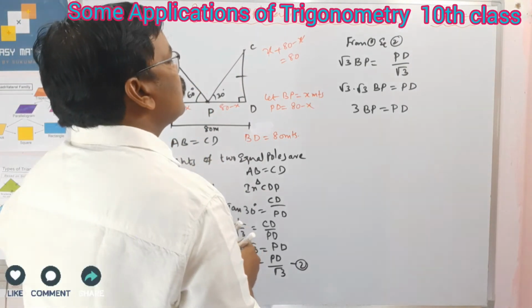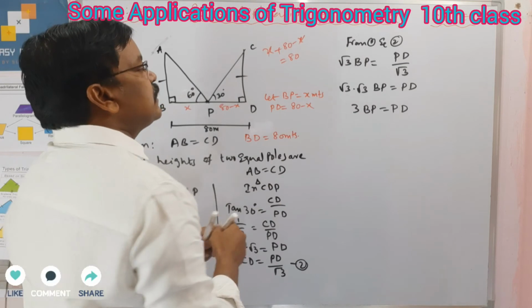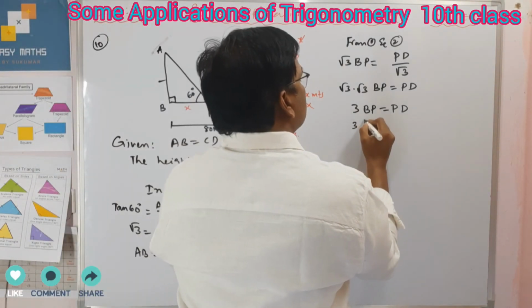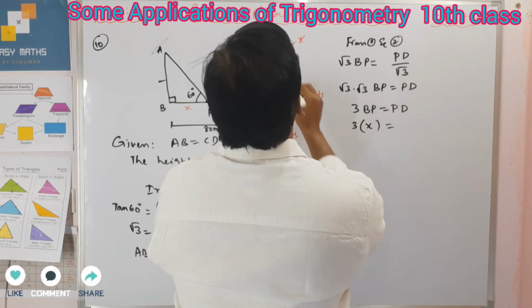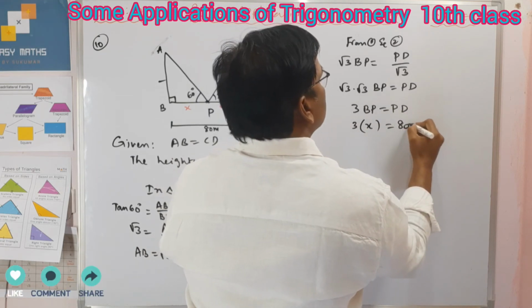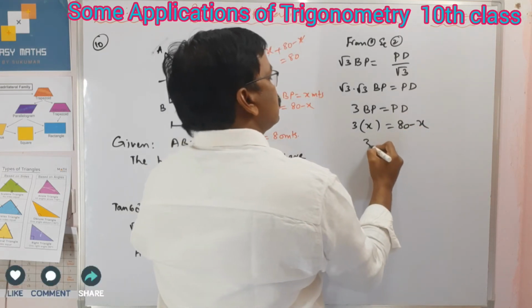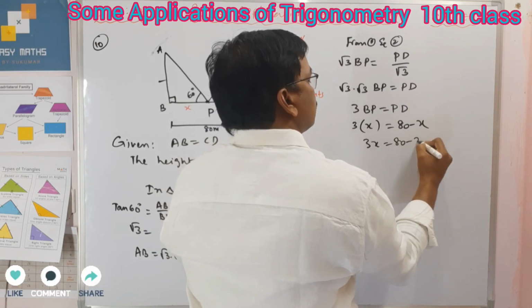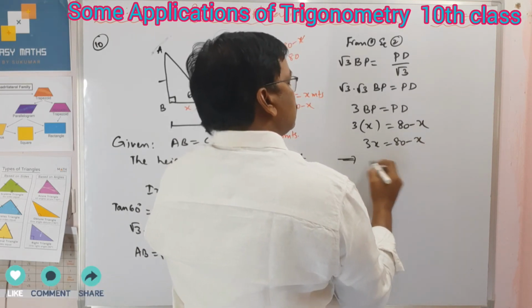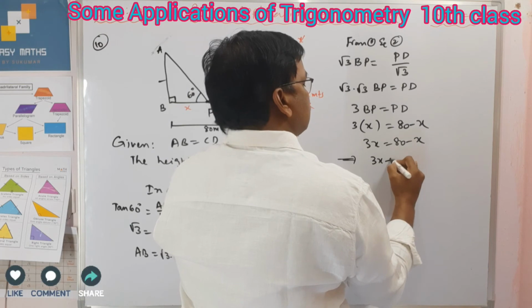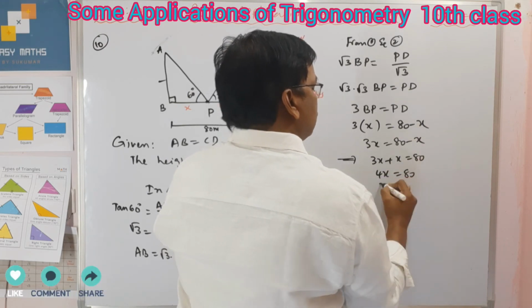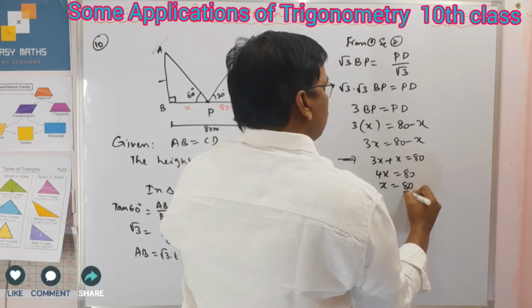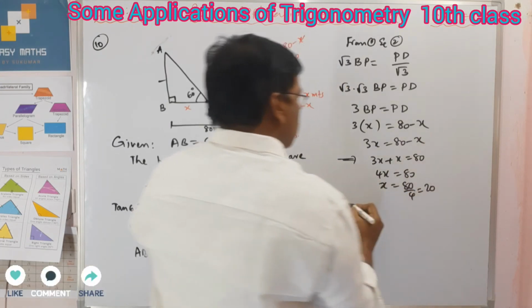Now here BP means x. Let us substitute: 3 times BP is x, and PD means 80 minus x. So 3x is equal to 80 minus x. This implies 3x plus x is equal to 80, 4x is equal to 80, x is equal to 80 by 4, that is 20.